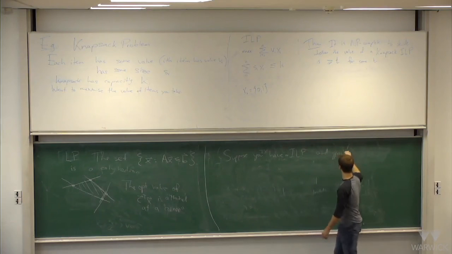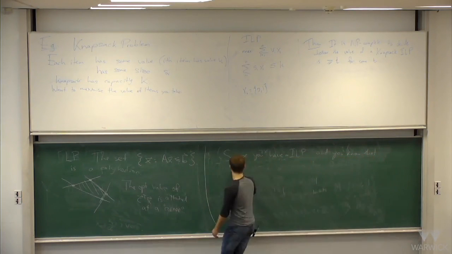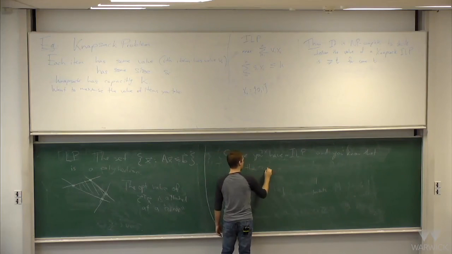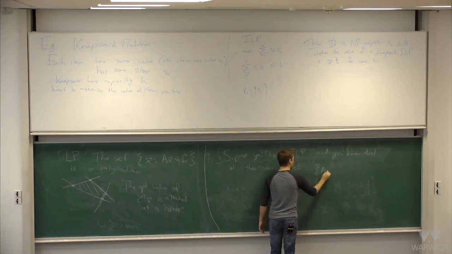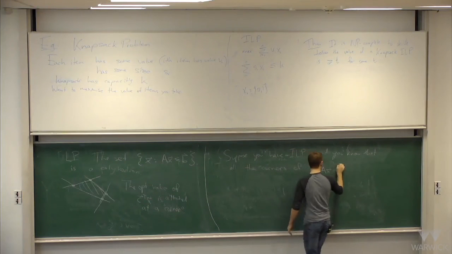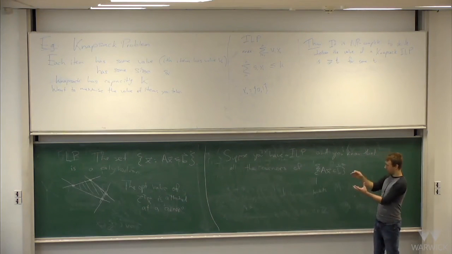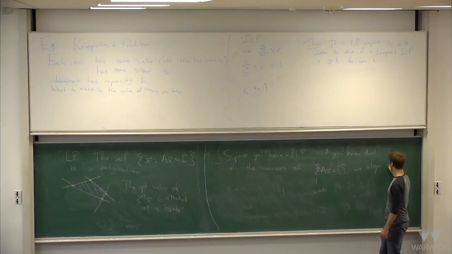you have an integer linear program, and you know that all the corners of this polyhedron, when you think about it as a linear program, are integer vectors. Suppose you somehow know that.